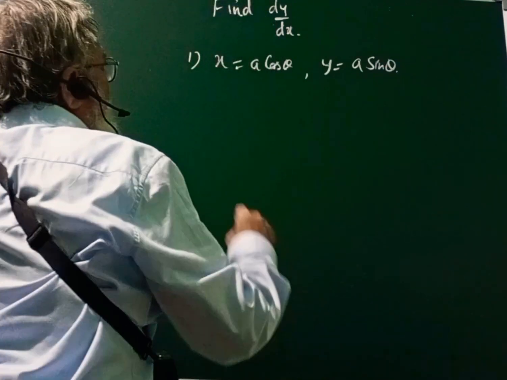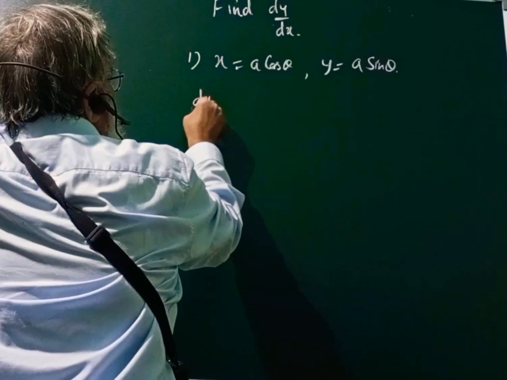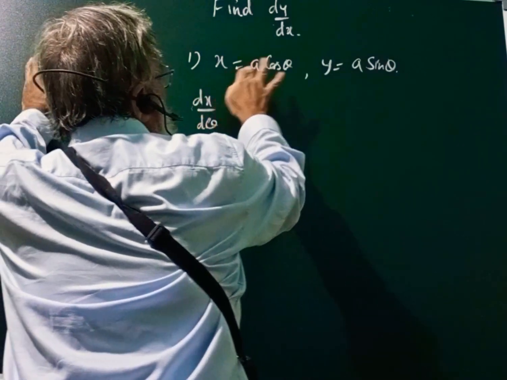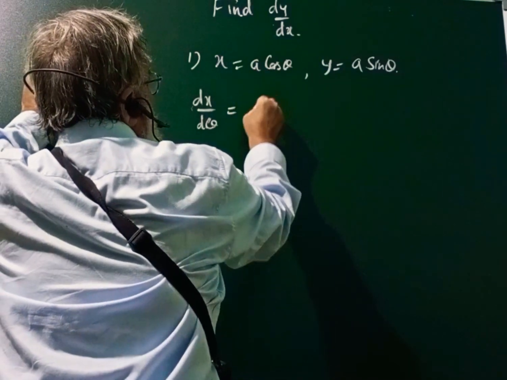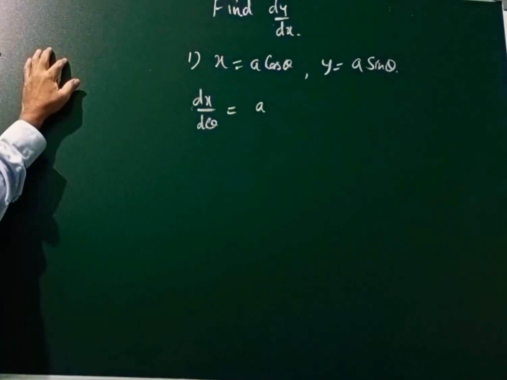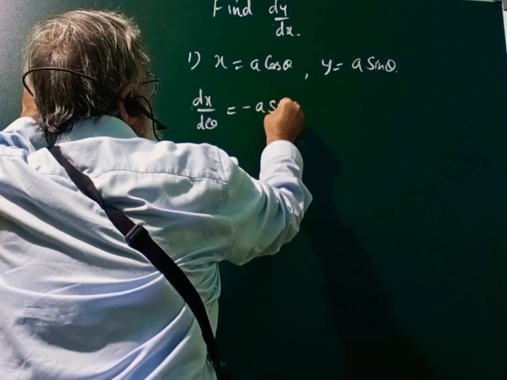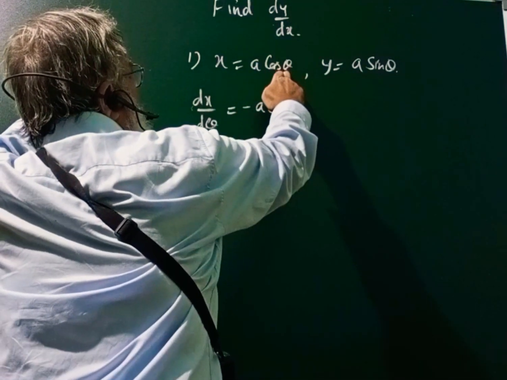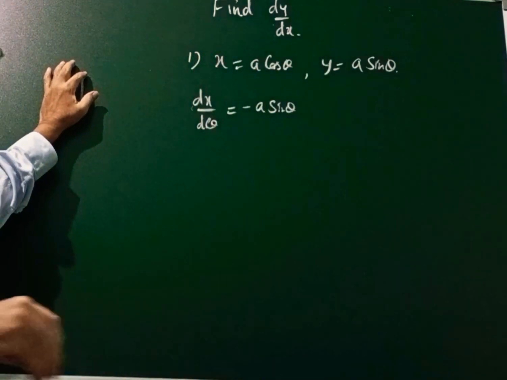We have to find out dy by dx. Now differentiate x with respect to theta, because theta is the parameter here. A is a constant in the product, it should be kept as it is. And differentiation of cos theta is minus sin theta. Differentiation of theta with respect to theta is 1. There is no need of writing it now.